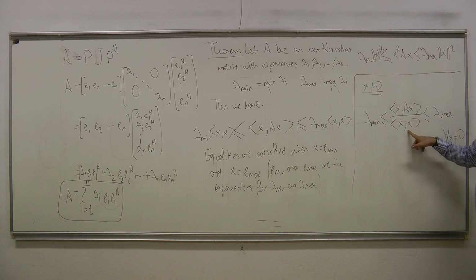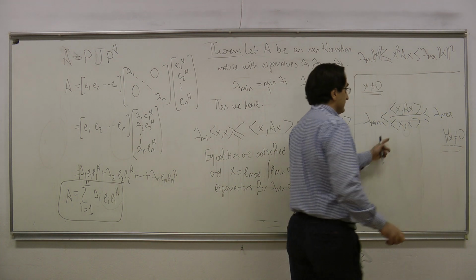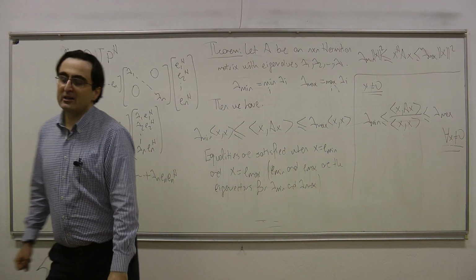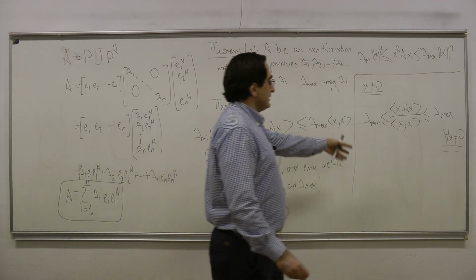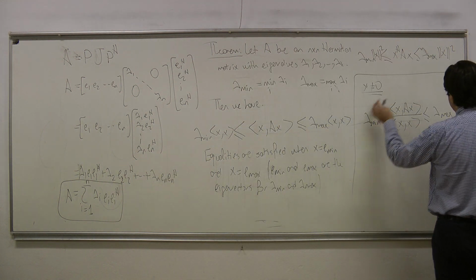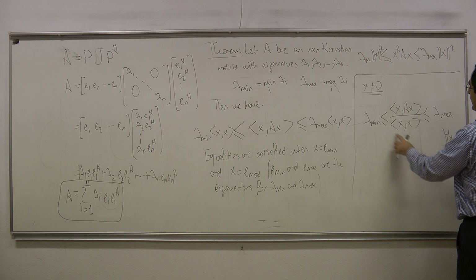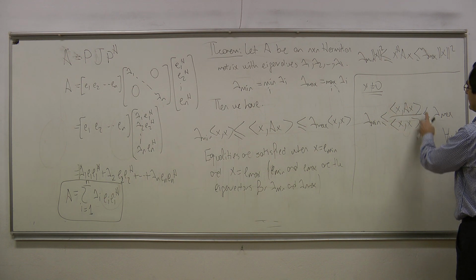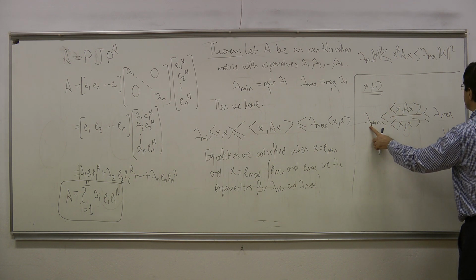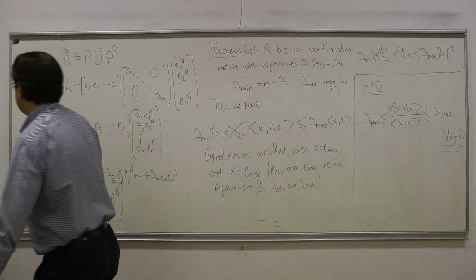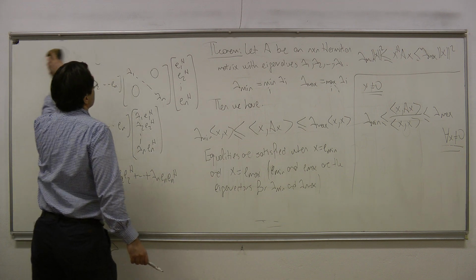If x is 0, this ratio doesn't make sense because the denominator is 0. So for any Hermitian matrix, this ratio is always a real quantity, and it's always between the minimum eigenvalue and the maximum eigenvalue of the matrix A.